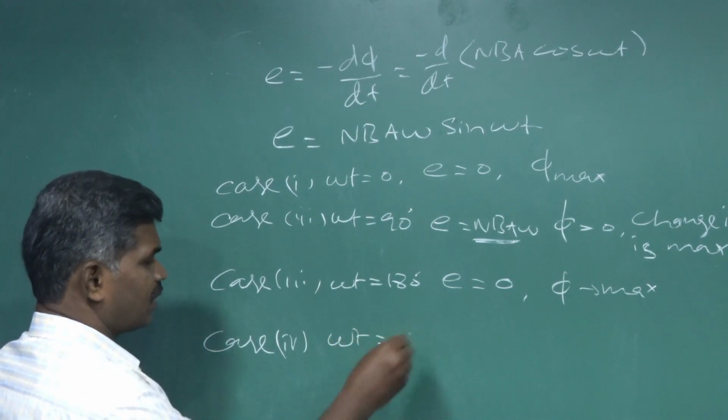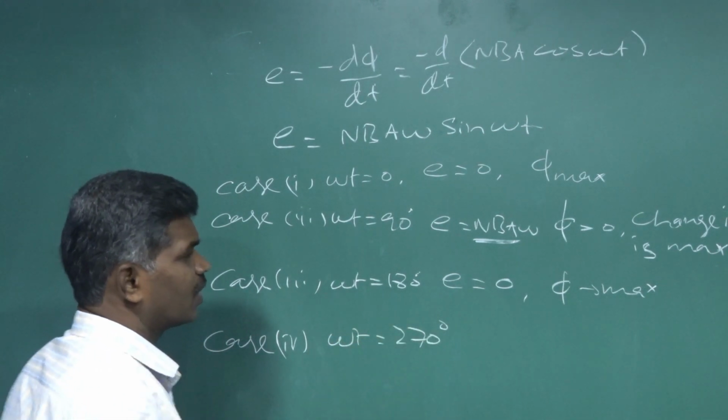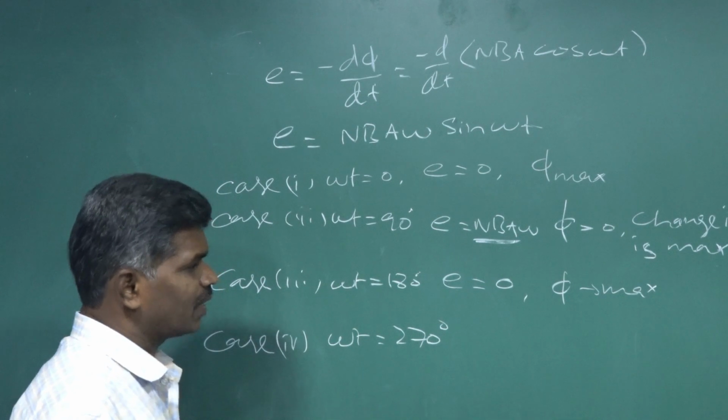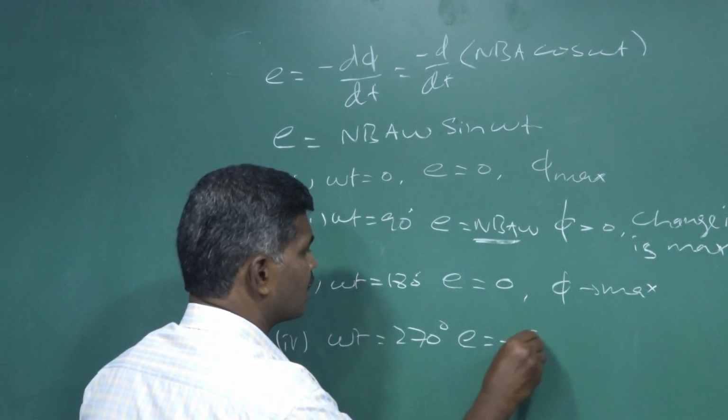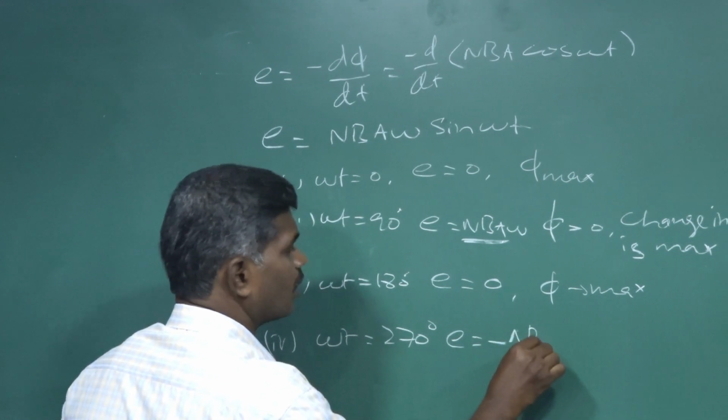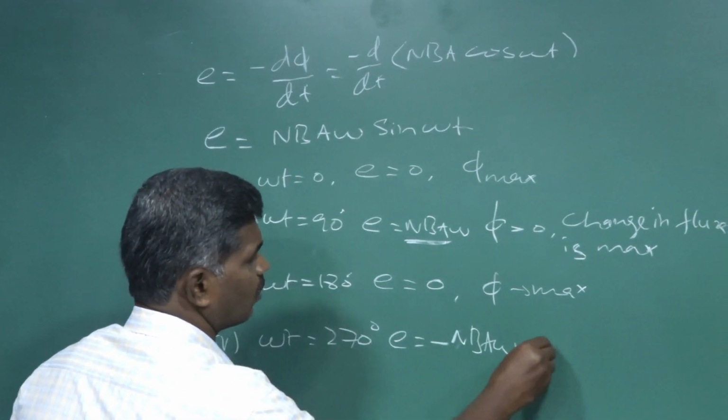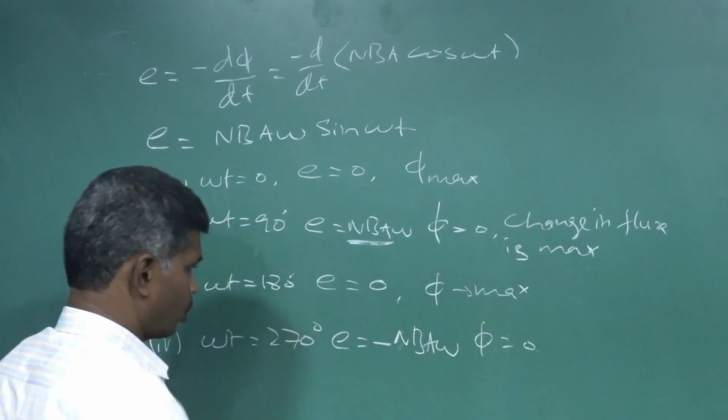Case 4 we are going to take. ωt is equal to 270 degrees. Sin 270 becomes minus 1. That's why E is equal to minus NBAω. There the flux linked is 0.